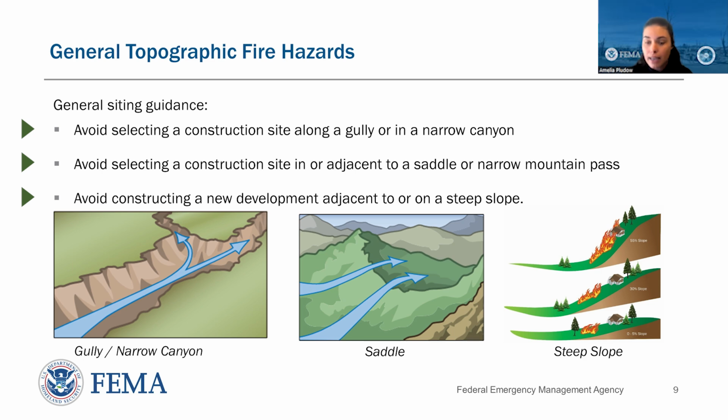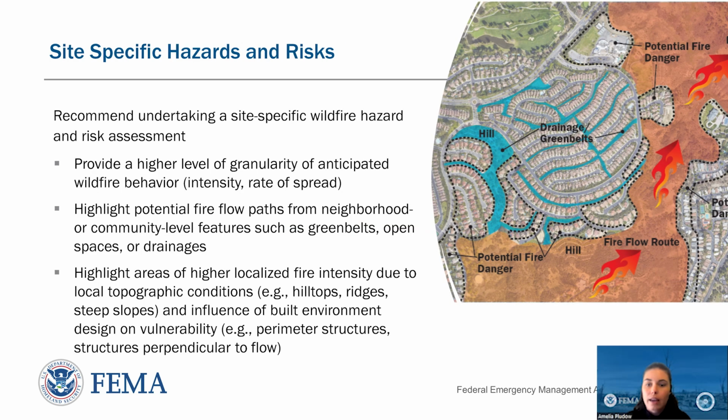And multi-hazard considerations come into play here as well. These are areas that should also be avoided if there is a risk of landslide in the area and possibly other hazards as well. And while these general rules of thumb are helpful, the best way to understand potential hazards at that development or neighborhood level is doing a site-specific hazard and risk analysis.